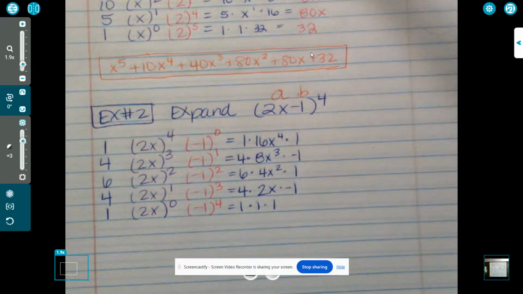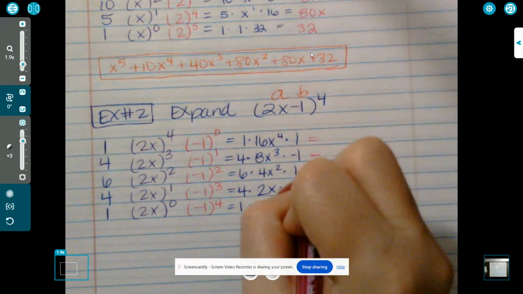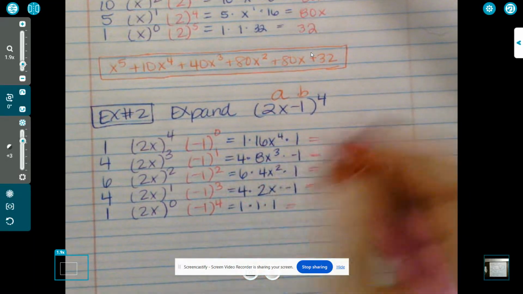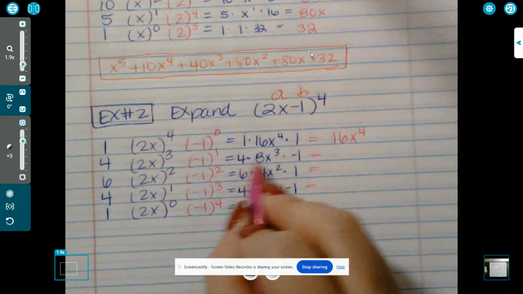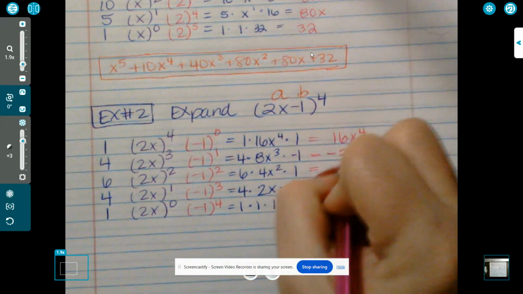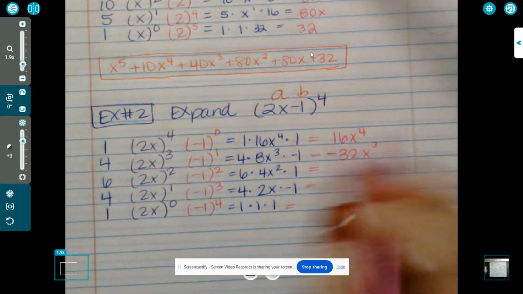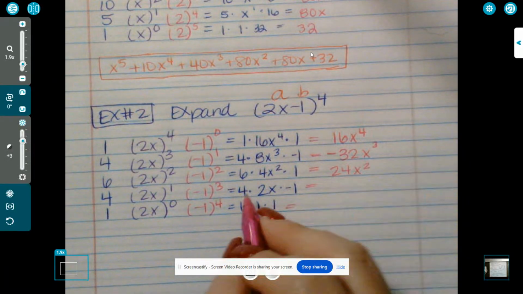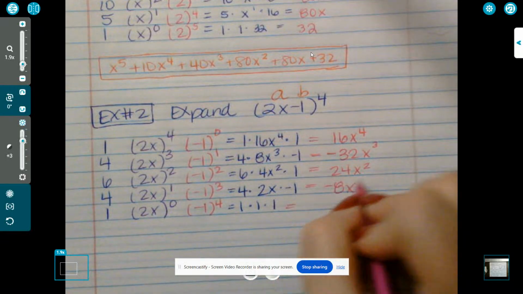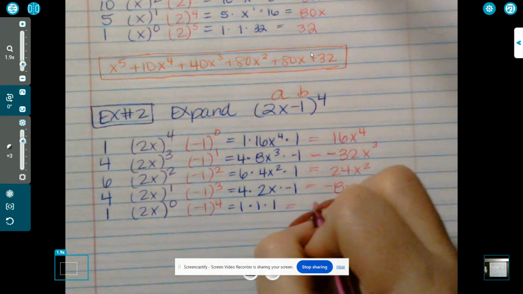All right, so if we work out that final answer here, that's just going to give us 16x to the fourth. All right, 4 times 8 is 32 times negative 1 is going to give me negative 32x to the third. 6 times 4 is 24, x squared, negative 8x, and positive 1.